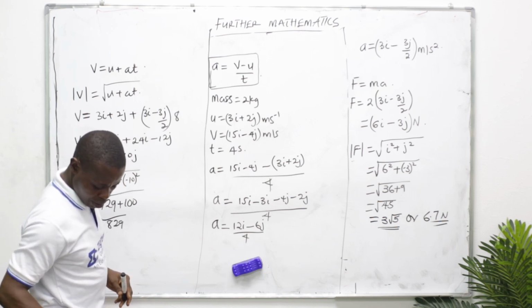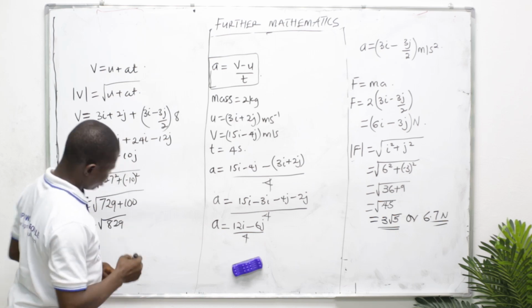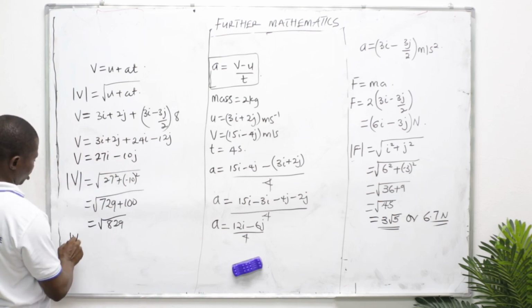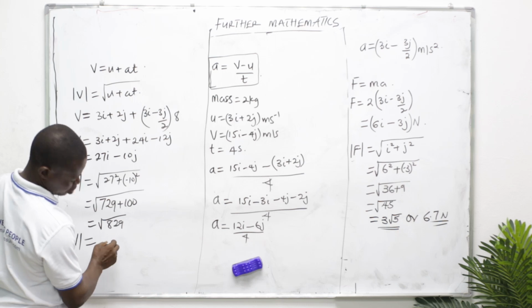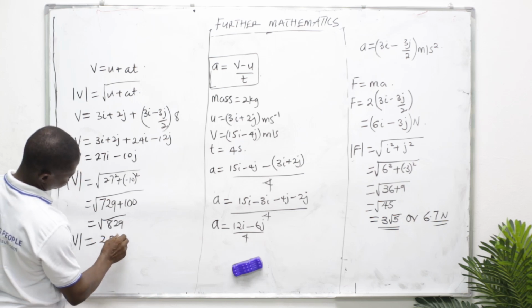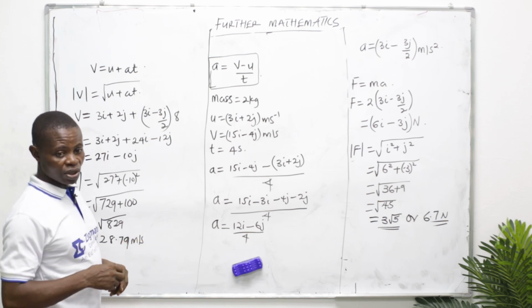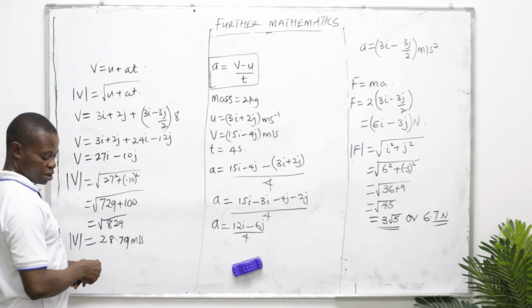Square root of 829 equals magnitude of velocity equals 28.79 meter per second. But the instruction is to 3 decimal places.